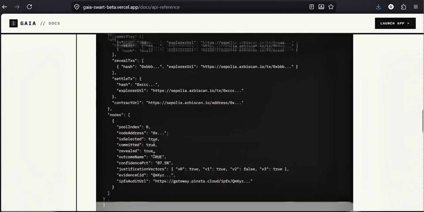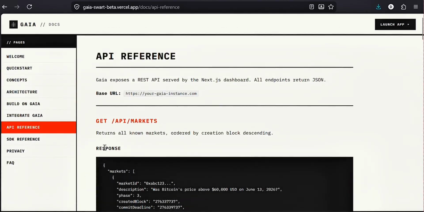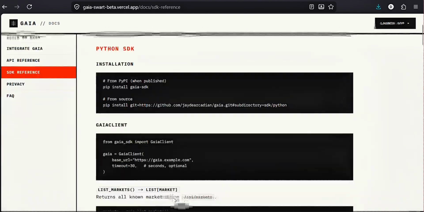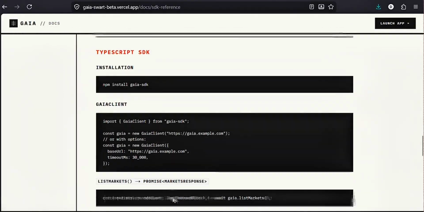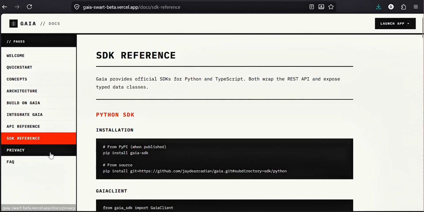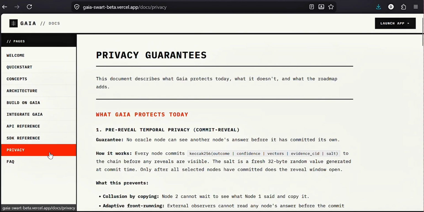So the goal is more structure, more implementation, more building on top to actually make Gaia a part of Arbitrum that can resolve dynamic markets and dynamic prices and interpret actual real world events.